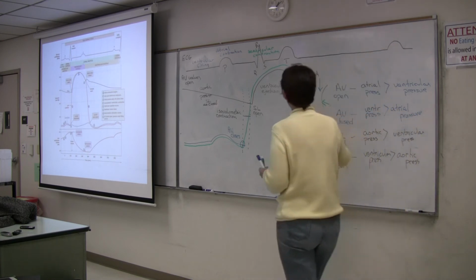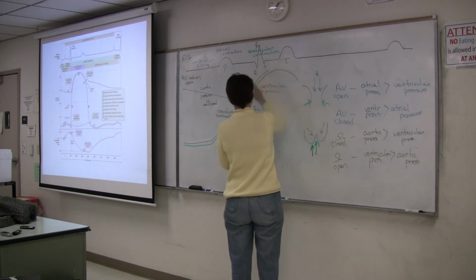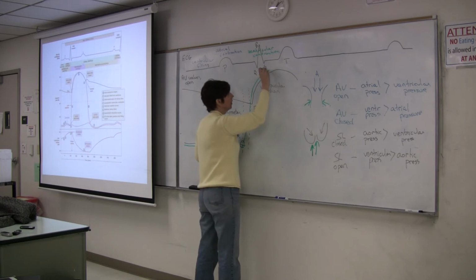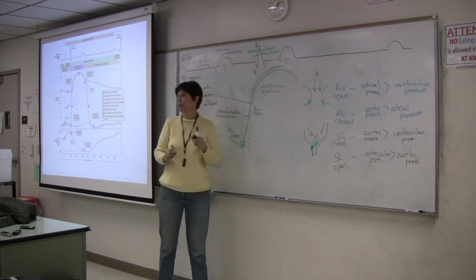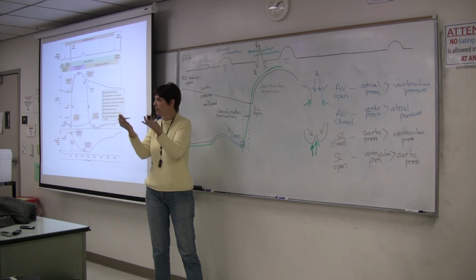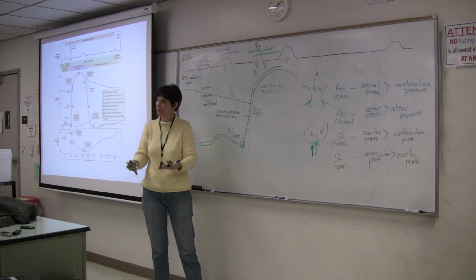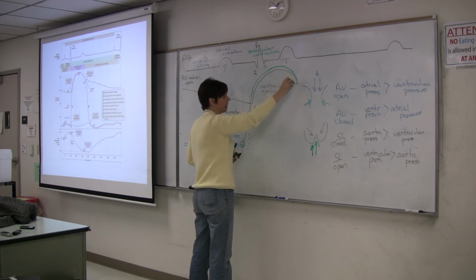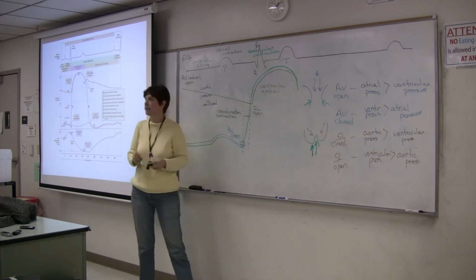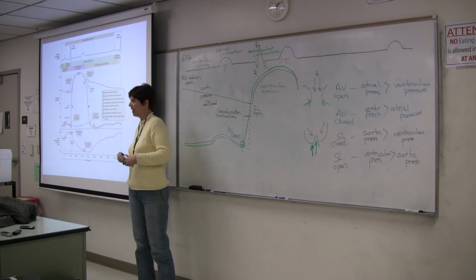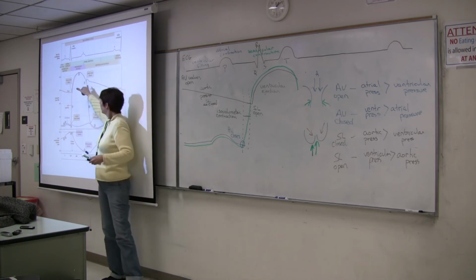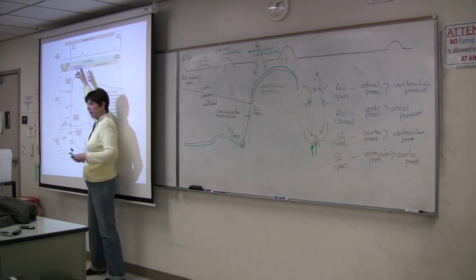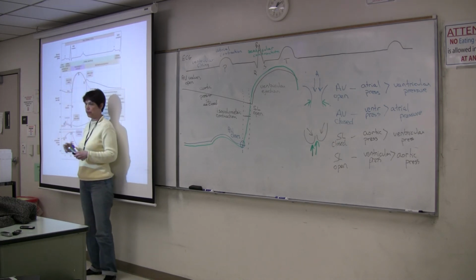Now, what happens to ventricular pressure? The ventricles start to repolarize, and the ventricles start to relax, and pressure starts to fall. So ventricular pressure is falling, and as a result, aortic pressure falls, and then ventricular pressure becomes less than aortic pressure. As a result of repolarization, the ventricles are relaxing.